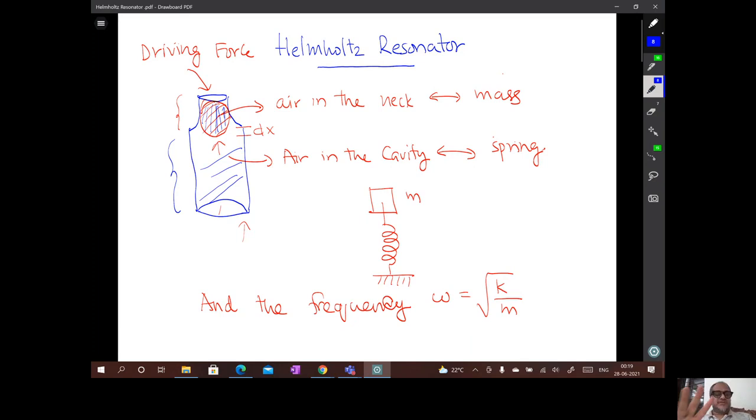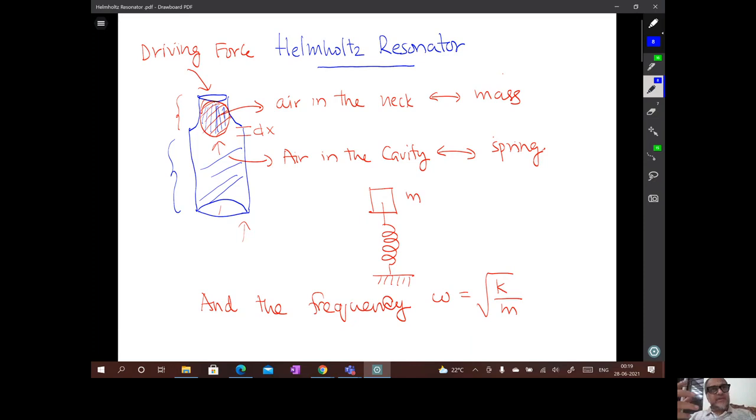So one of the assumptions, as I told you, is that the air in the neck is considered to be a mass element, the acoustic mass, and the air in the cavity, which exerts a reactive force when you push the air down, behaves like a spring.